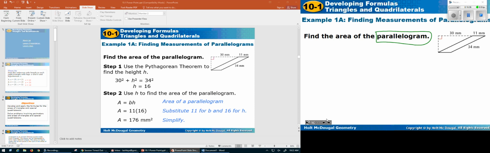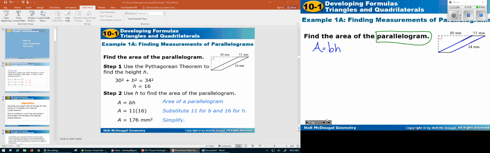Okay? So if it's a parallelogram, we're going to start with area equals what formula? Base times height. Look at your picture. Make sure that you can find the height between the two sides you're going to call the bases. So when I look at this picture, I could let this side and this side be the bases.